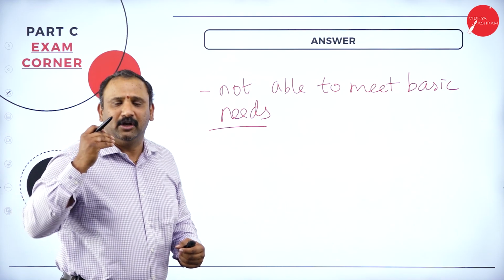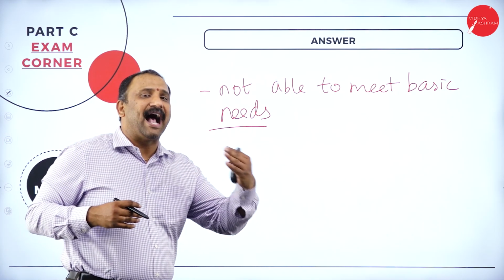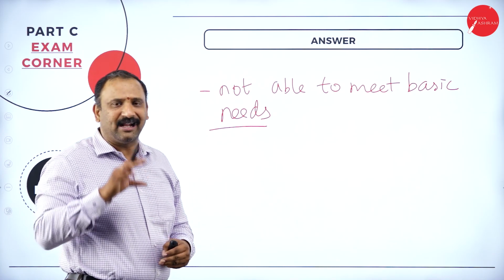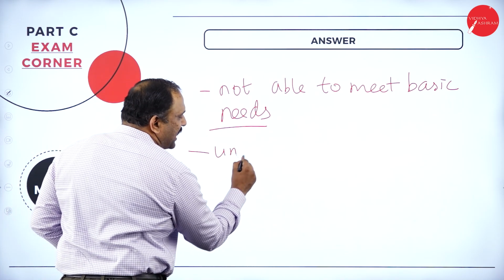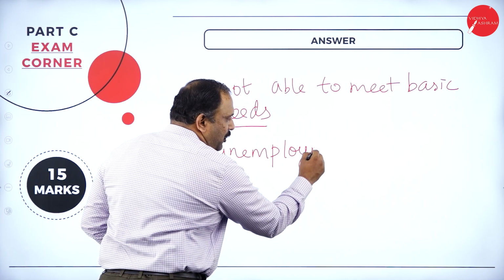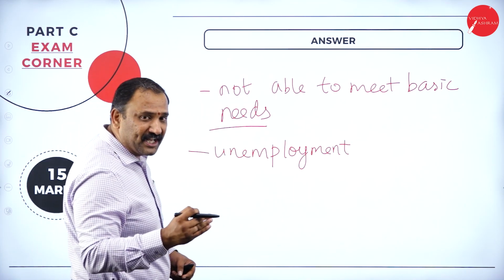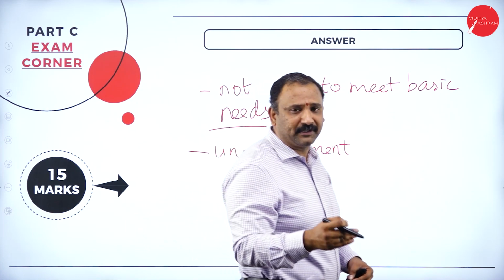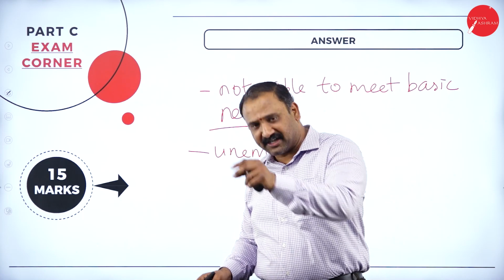They don't have clothing, they don't have food, they don't have any kind of accessible facilities altogether. And poverty primarily erupts from the factor called unemployment. I want you to please pay attention to this particular point called unemployment. Why? Because the majority of nations tend to go into poverty when there is large scale unemployment that persists in that country.